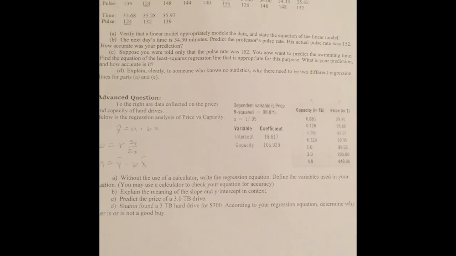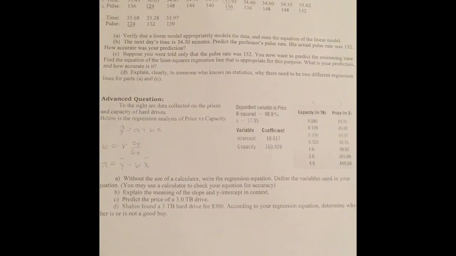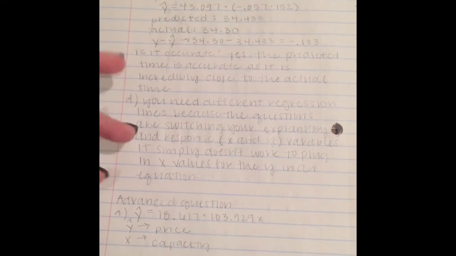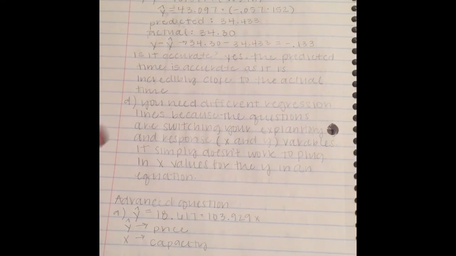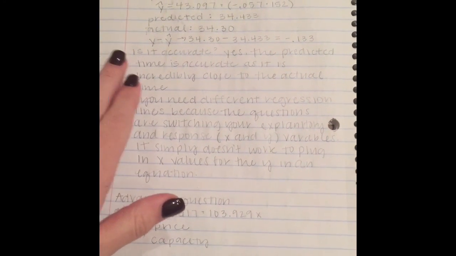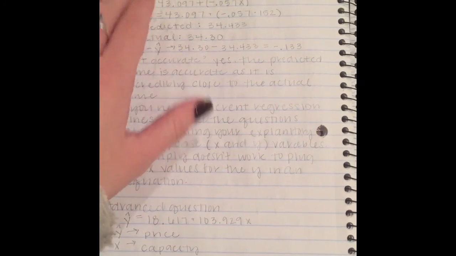And then part D says, explain clearly to someone who knows no statistics why there need to be two different regression lines for parts A and C. So I kind of just touched on that, but basically you need different regression lines because when it gives you a certain variable, you can't just plug it in if that's not the variable you have graphed.